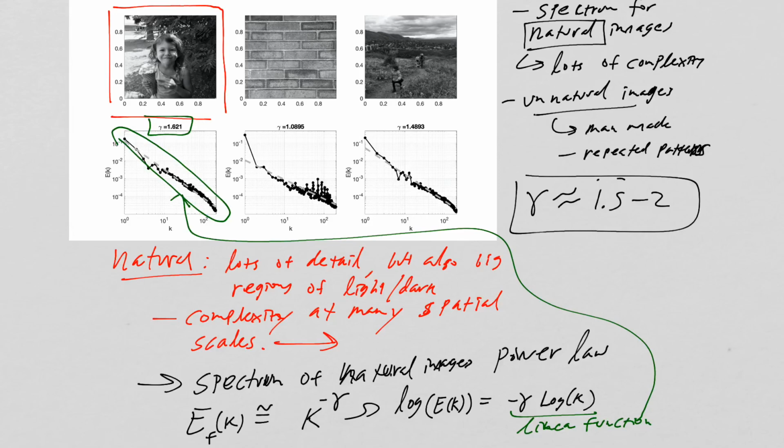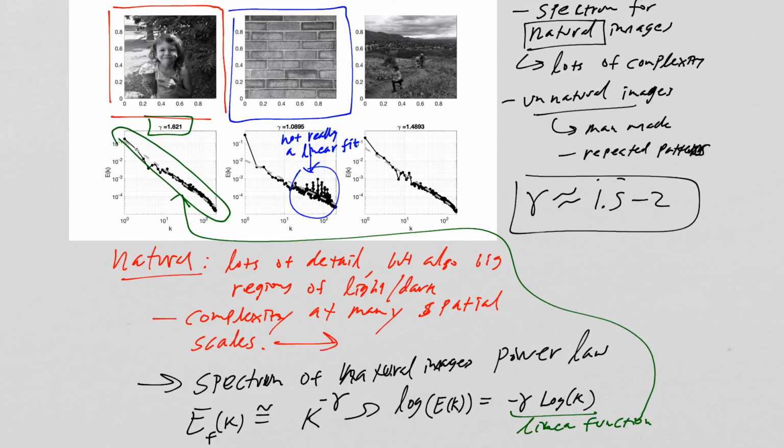Now let's contrast that with this picture of a brick wall. So clearly there's a lot of repeated patterns in it. What you find here is there are regions where the power spectrum does not conform. This is not really a linear fit. There are aspects of the power or the energy spectrum that don't fit well to a line.